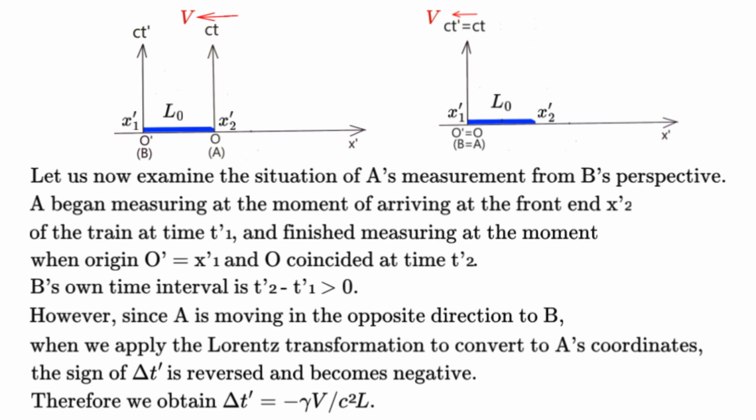B's own time interval is t prime 2 minus t prime 1 greater than 0. However, since A is moving in the opposite direction to B, when we apply the Lorentz transformation to convert to A's coordinates, the sign of delta t prime is reversed and becomes negative. Therefore, we obtain delta t prime equals negative gamma VL over c squared.